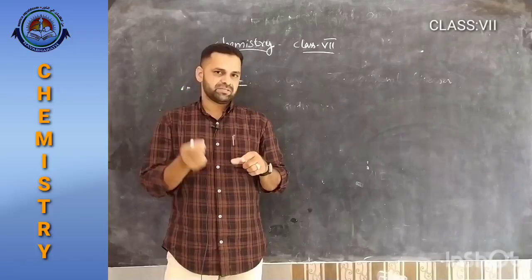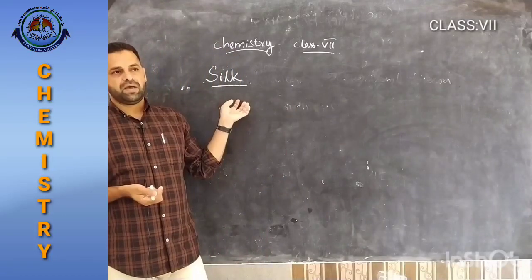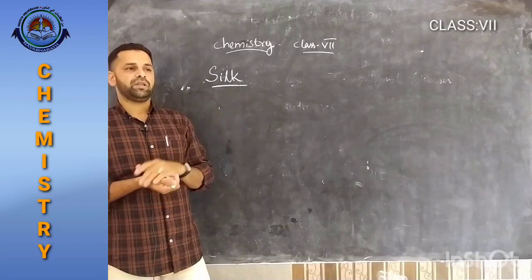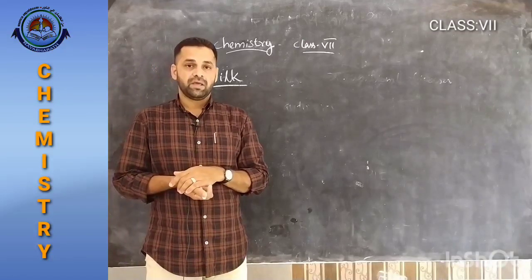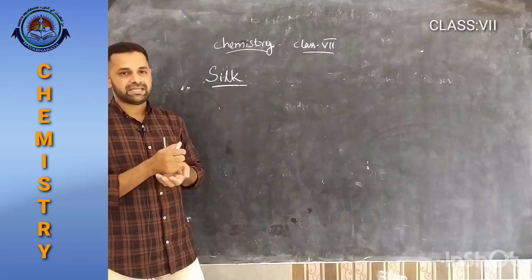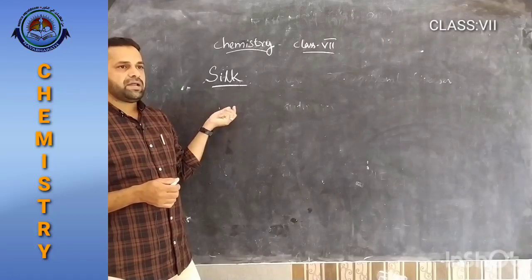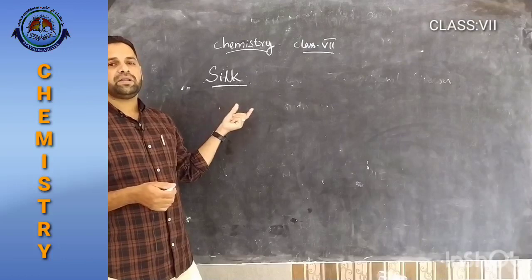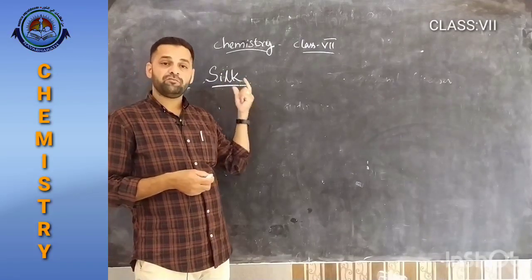A cocoon is the covering. Silk is made up of animal protein, and it is known as the strongest natural fiber. Since silk is made up of animal protein, on burning it gives a smell of burning hair.